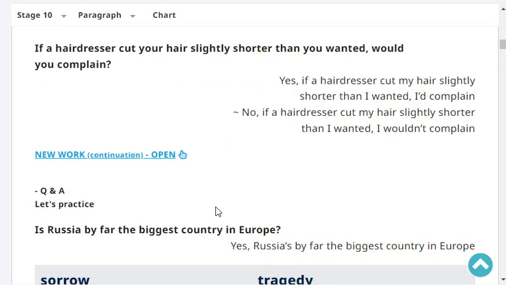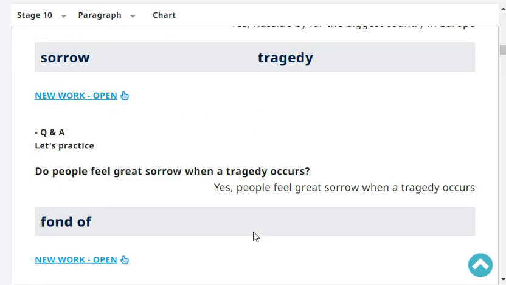Very good. Is Russia by far the biggest country in Europe? Yes, Russia's by far the biggest country in Europe.